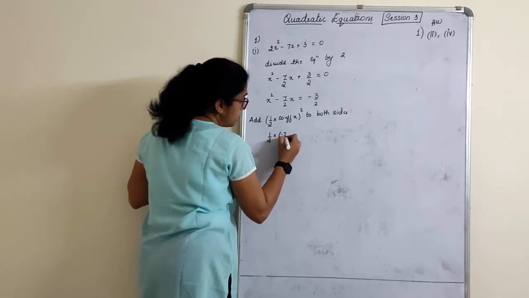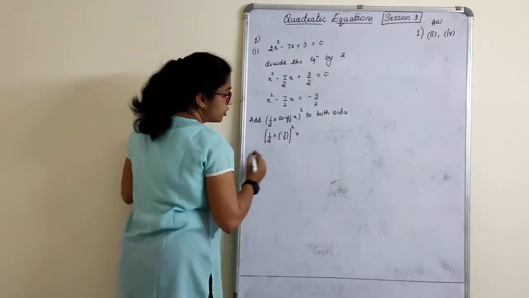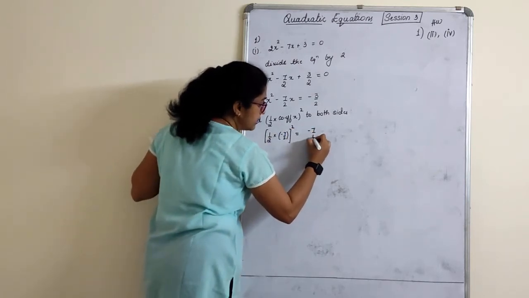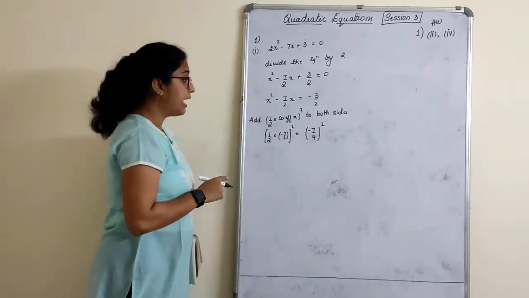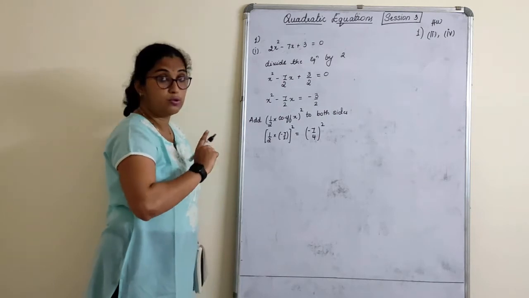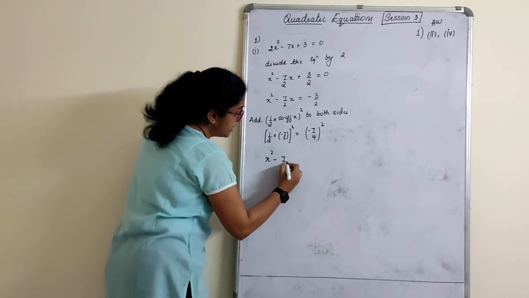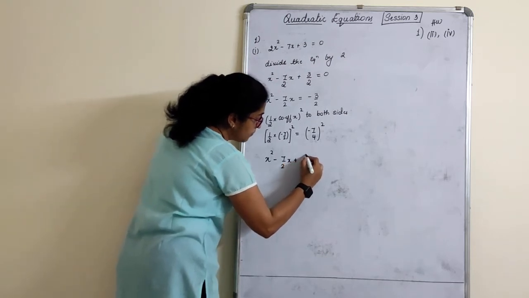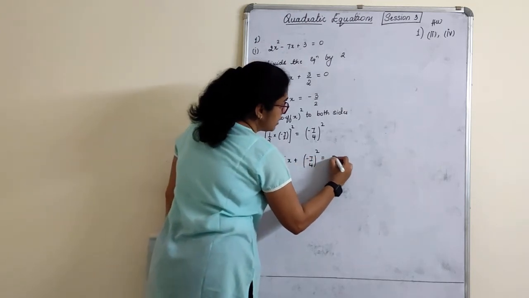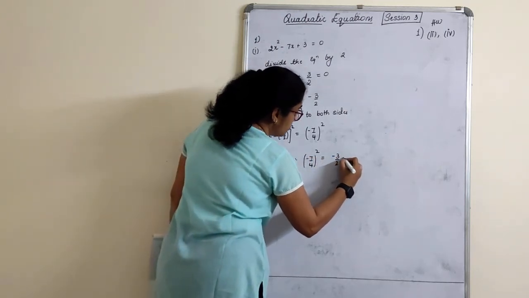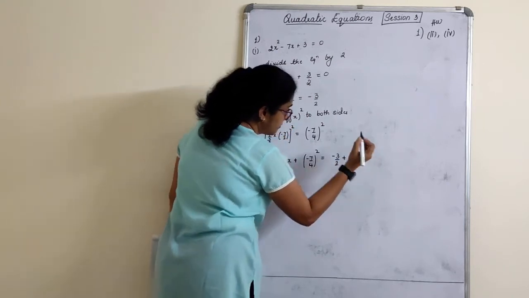It is minus 7 by 4 whole square, right? So we have to add minus 7 by 4 whole square to both sides. x square minus 7 by 2x plus minus 7 by 4 whole square is equal to minus 3 by 2 plus minus 7 by 4 whole square.